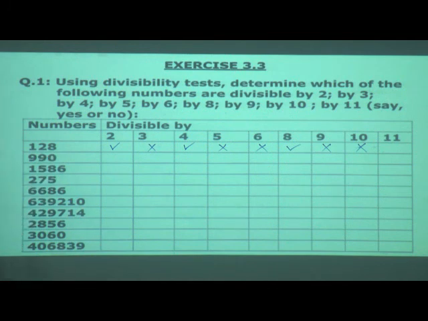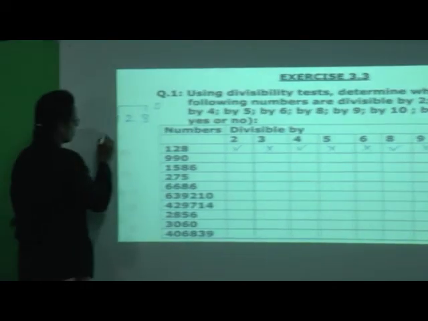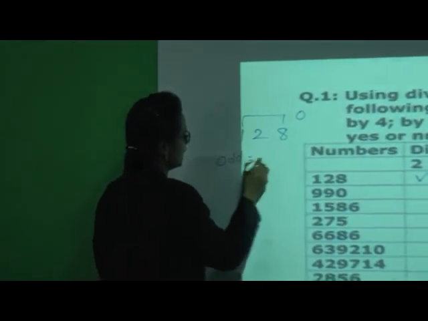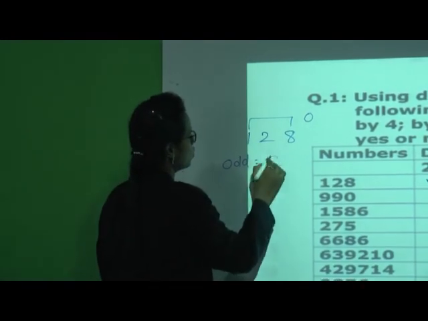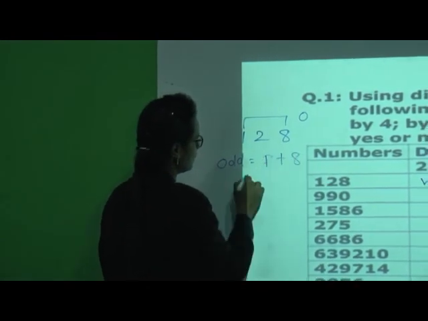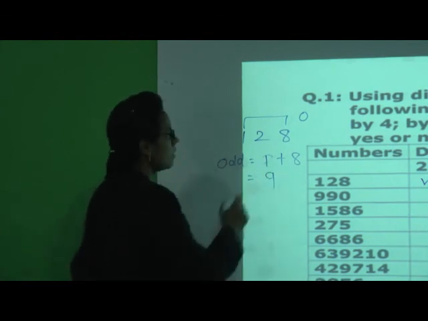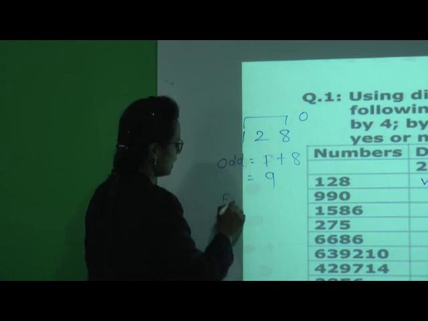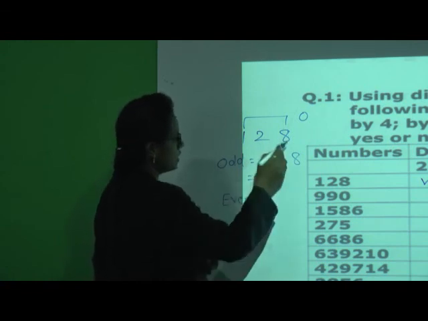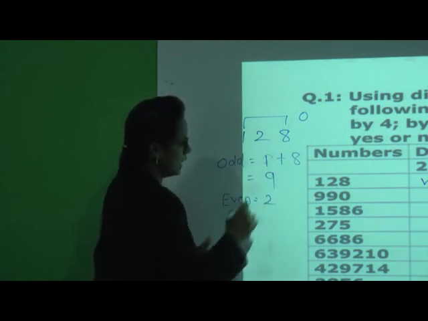Now as we have seen for 11, we have 128. We have to add the odd places, that is 1 plus 8, 8 plus 1 is 9. Then we add the even place. As it is a 3-digit number, we have only one even place, that is 2.